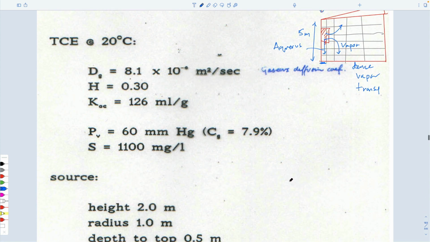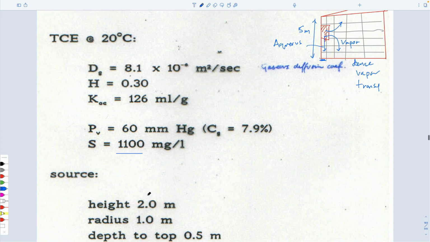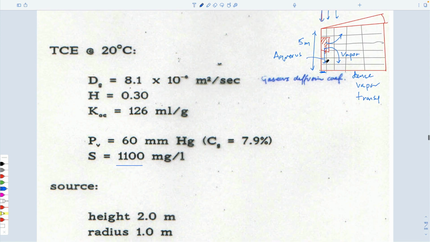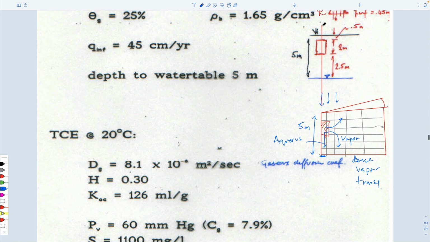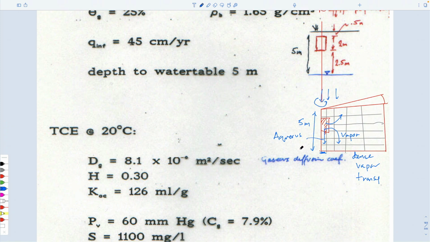And with these different coefficients: a gaseous diffusion coefficient, non-dimensional Henry's law coefficient, KOC, partial pressure of TCE, solubility of TCE that we used, and the geometry. So the geometry is embodied in this, and it's an axisymmetric view, so it rotates around this center line that goes down through it.